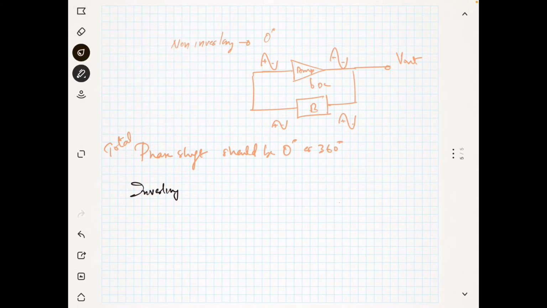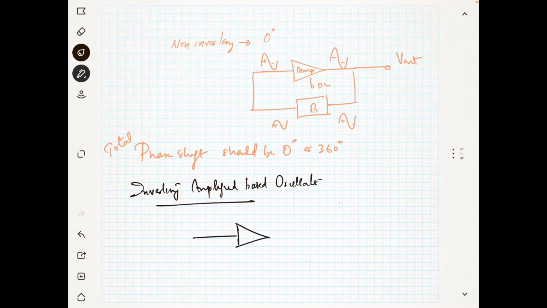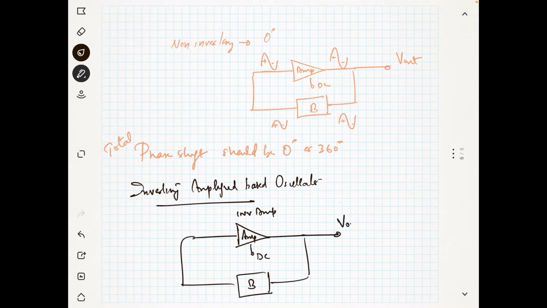That means if I am using an inverting amplifier based oscillator, then I have an amplifier which is this, and this is an inverting amplifier. I have a DC power source here, and I have a feedback network B, but this feedback network should have some special properties, and this is your V out.